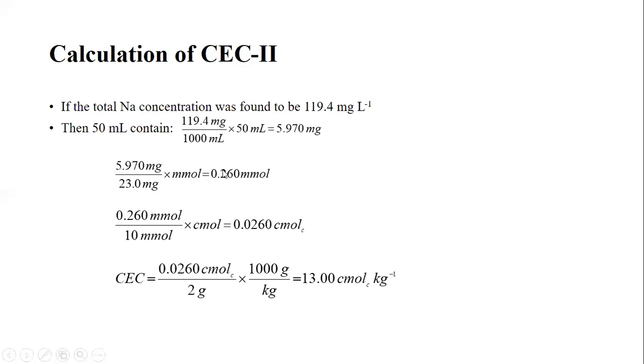So now we have, instead of 0.260 millimole, 0.0260 centimole of charge. We said charge immediately because sodium is monovalent. So it's the same, the centimole or millimole of sodium, because it's monovalent and carries one charge, it will automatically also be centimole of charge. If it was a divalent ion, we would have to do something different.